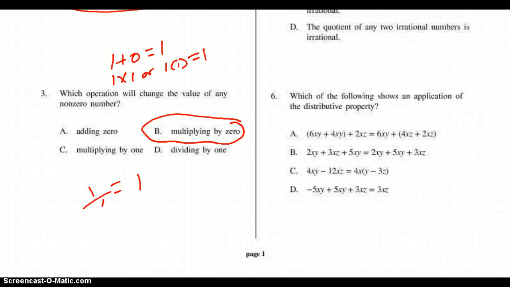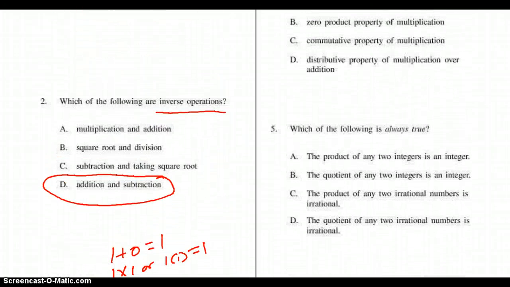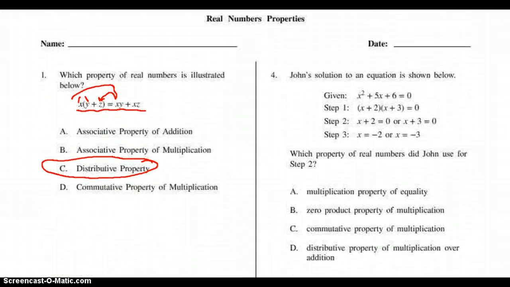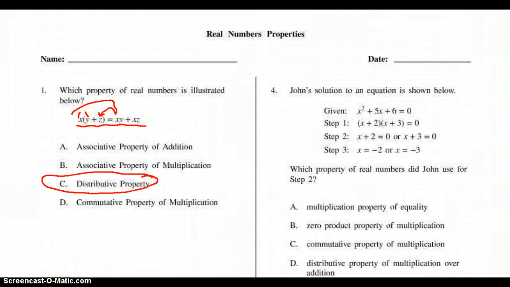Okay, let's run back up and take a look at number 4. Number 4 says, John's solution to an equation is shown below. The given problem is x squared plus 5x plus 6 is equal to 0. Then what he did, he factored this. It's a term that you will learn in algebra next year. He factored this to x plus 2 times the quantity of x plus 3, and he set it to 0.